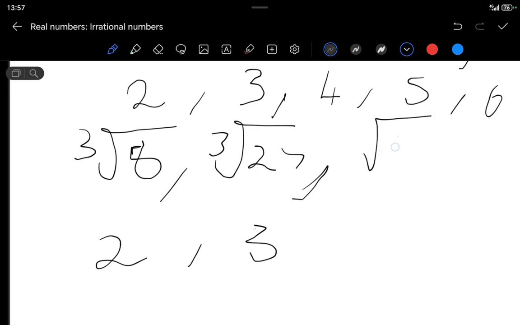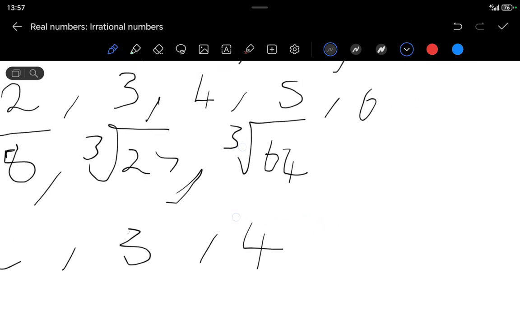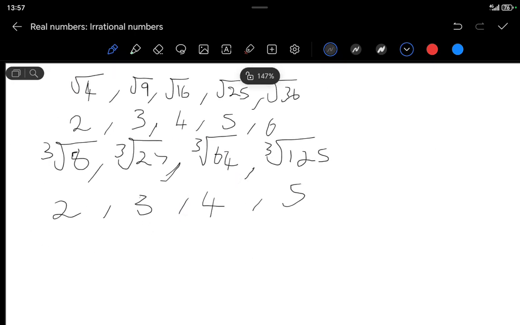And the cube root of 64 is 4. The pattern goes on like so. The cube root of 125 is 5. It continues in this pattern.